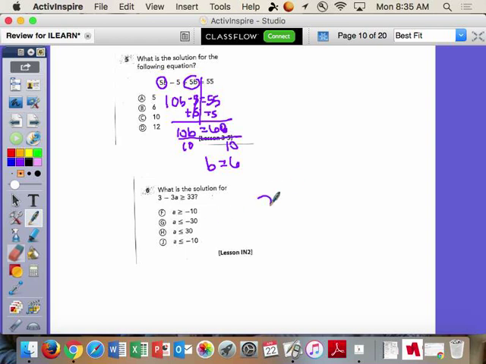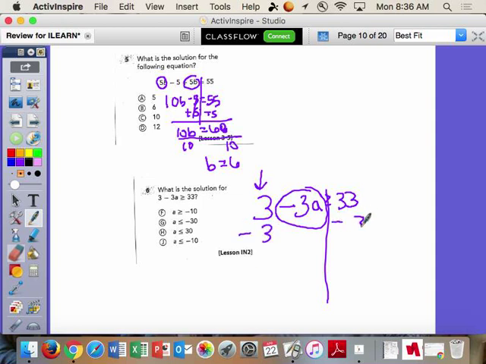Okay? Now this is the hardest one on this page, right here. And I'll tell you why. First of all, we still struggle with this negative on the 3a. This is what we're moving. It is a positive, so I need to subtract. Left with my negative 3a, left with 30. That's step 1.